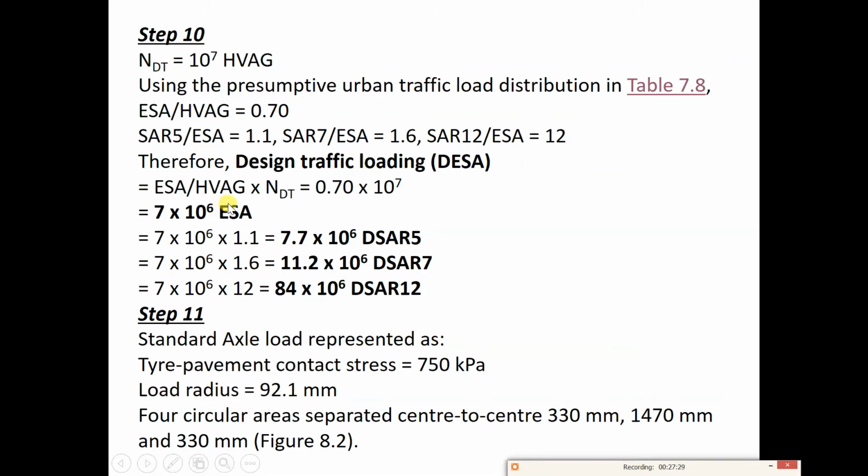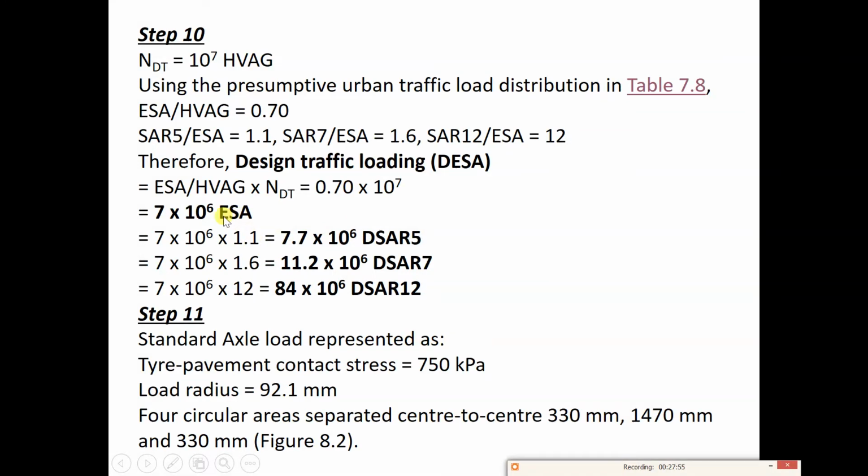Because later on we need to check the different layers and the different response from the asphalt, different response from cemented material, and different response from subgrade. So we need to find the design standard axle repetition, from which we change from the ESA to the various SARs.